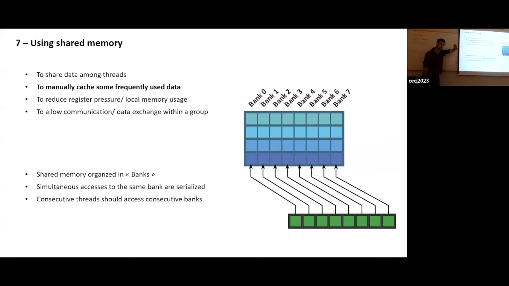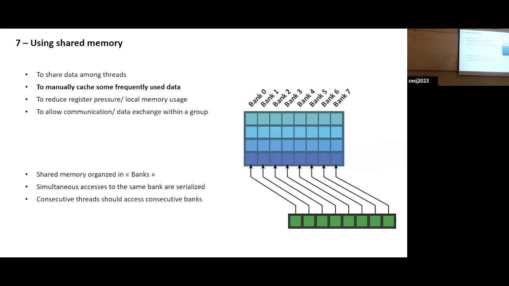And one thing to note, which is fairly important about shared memory, is the concept of banks. So shared memory is organized in what we call banks. So each column here is going to represent a bank. And you can do one access per bank per cycle. So if two threads want to read from the same bank, well, this is going to serialize. It's going to be one thread, then the other.